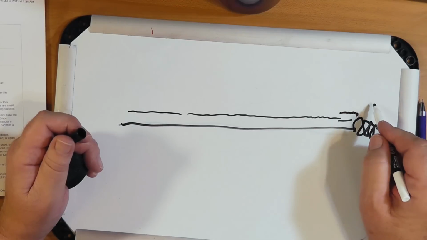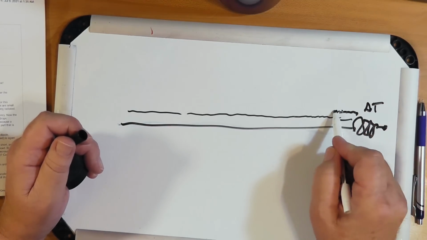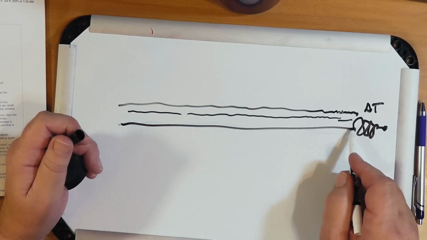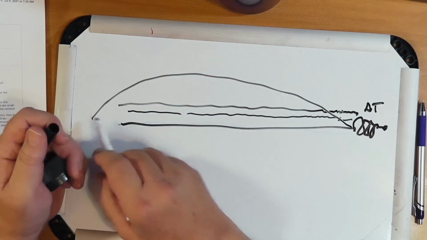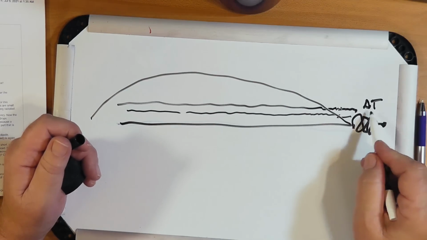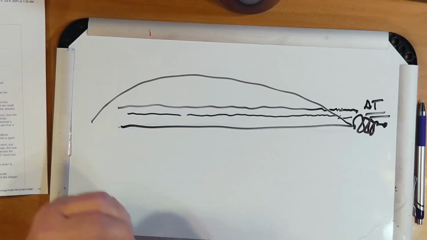There's a time delay. And then it comes back out here, and because of that, it forms that real nice voltage waveform like this over the part of the antenna that radiates because of the delta T getting the phasing right.